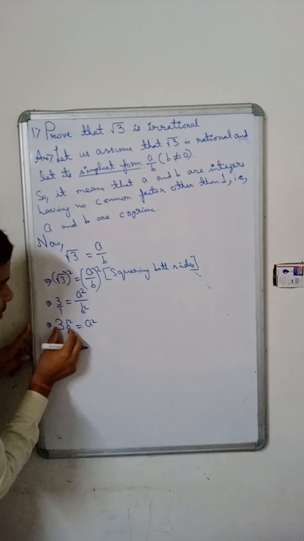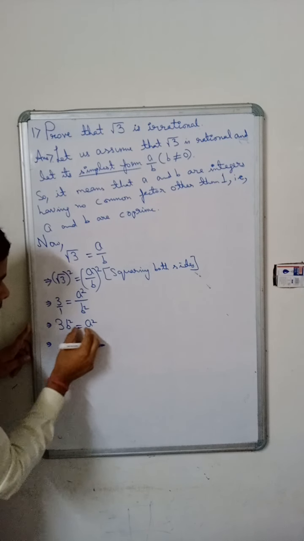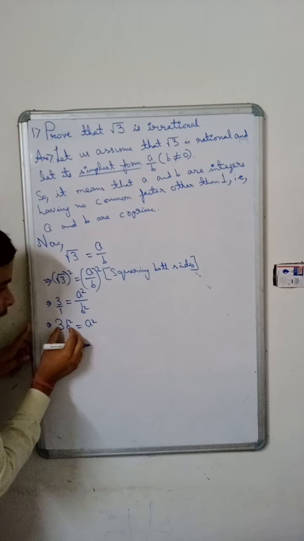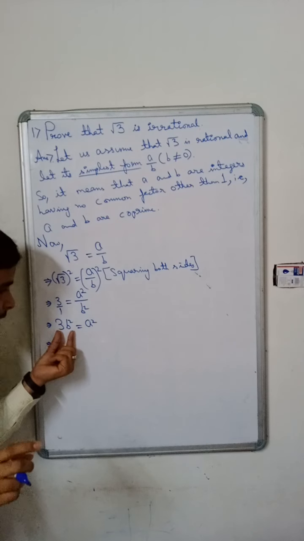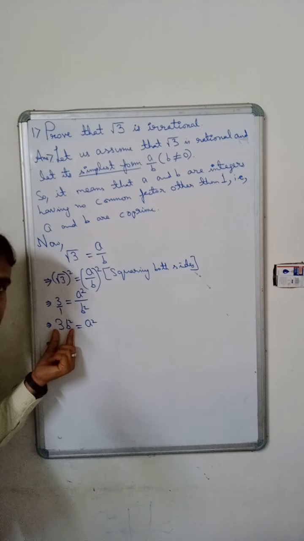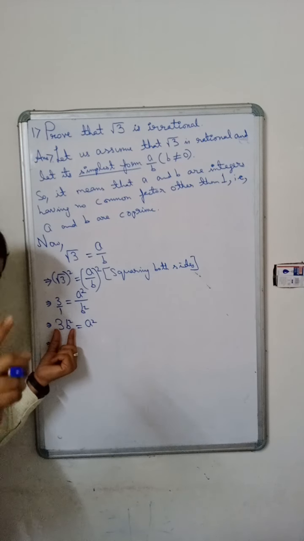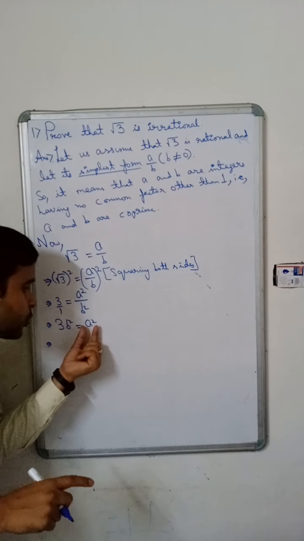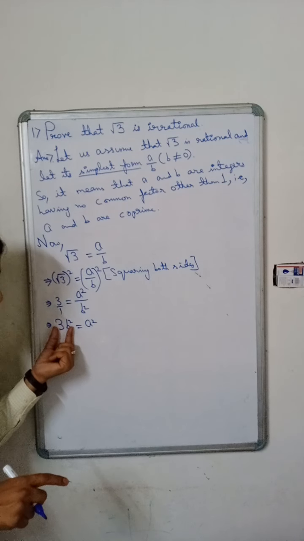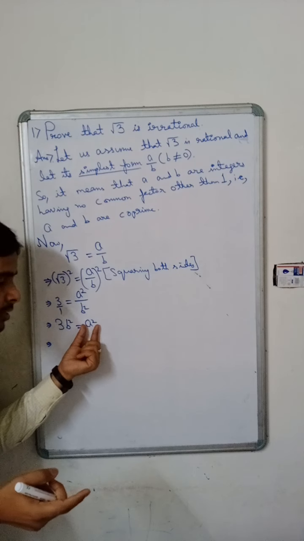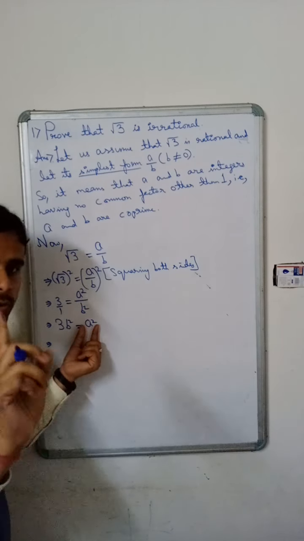Now, if 3b square is equal to a square, just analyze once properly. Can I say that 3 divides 3b square? Yes, because 3b square is a multiple of 3. And as a square is also equal to 3b square, obviously 3 will also divide a square.